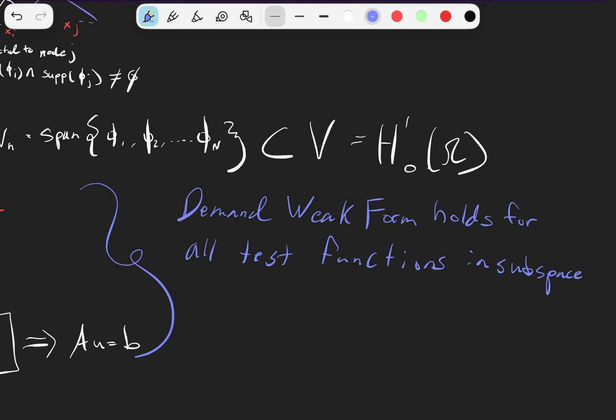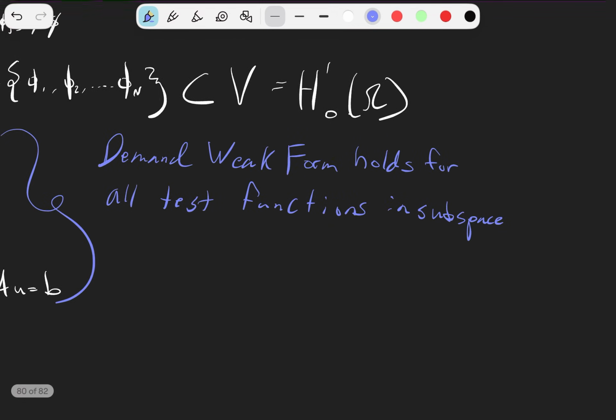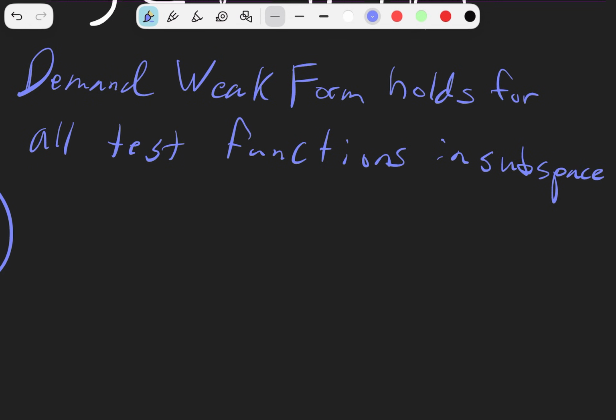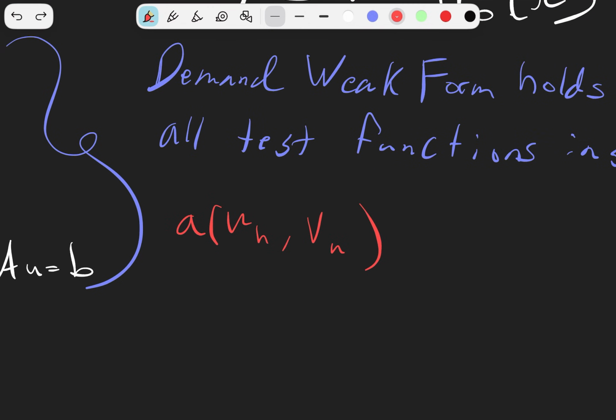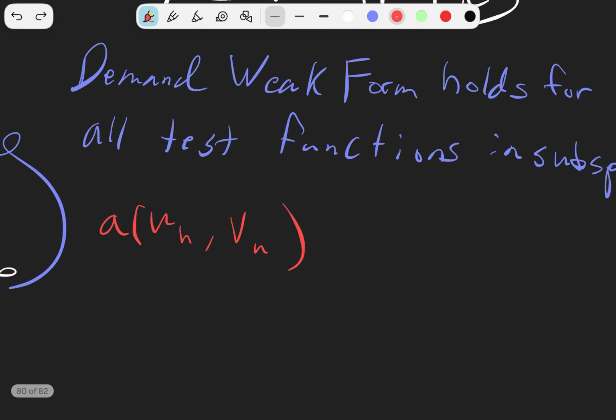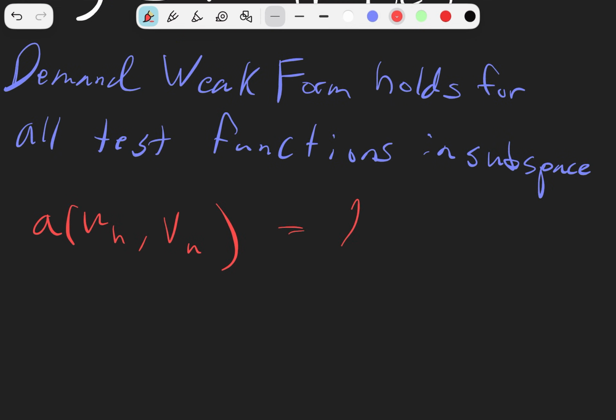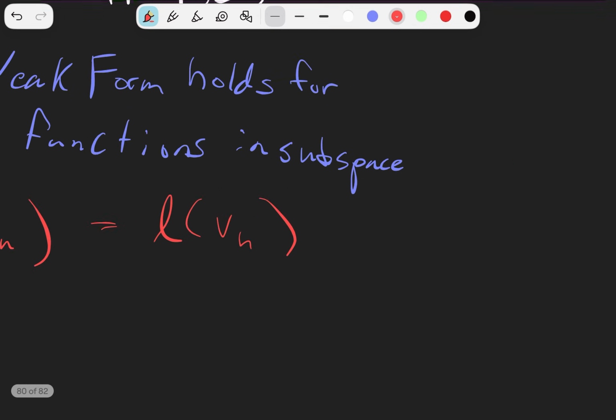So for all the test functions that are within this finite subspace of the original infinite dimensional vector space, we have that if we were to substitute in our finite element solution with the finite element test functions, this should be equal again to our linear functional as well.